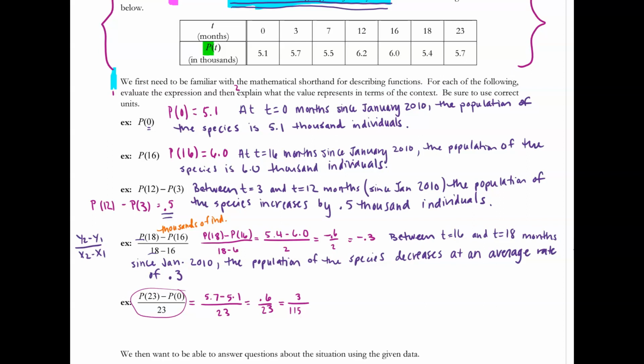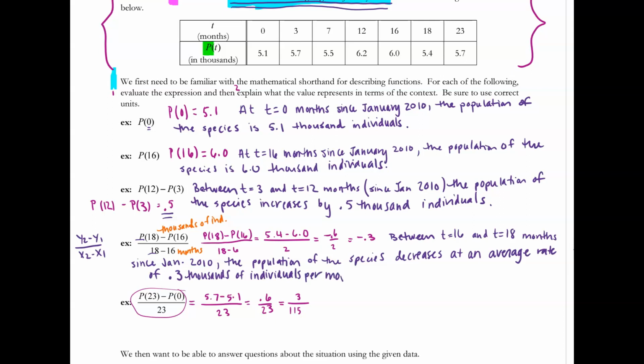At the bottom, the variable on bottom is time. So the units on bottom are months. So that rate is going to be the units on top per the units on bottom. So an average rate of 0.3 thousands of individuals per month.